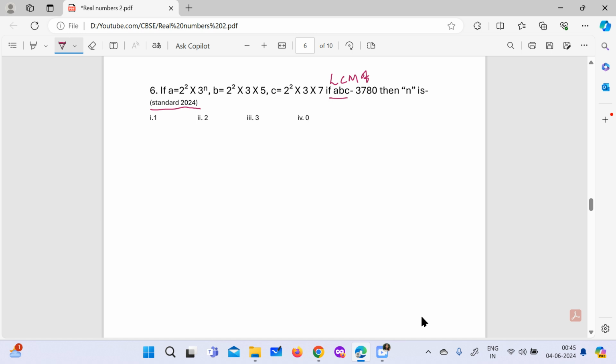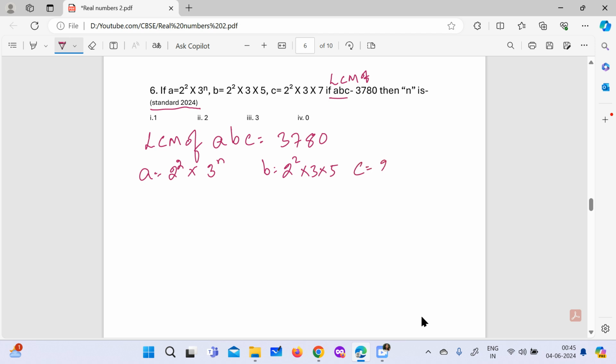Okay, so what is given here? LCM of a, b, c is 3780. Now we have the values of a, 2 to the power of 2 into 3 to the power of n. b is 2 squared times 3 times 5, and c is 2 squared times 3 times 7. Let me write LCM of a, b, c from here.